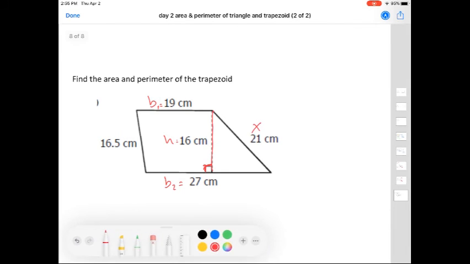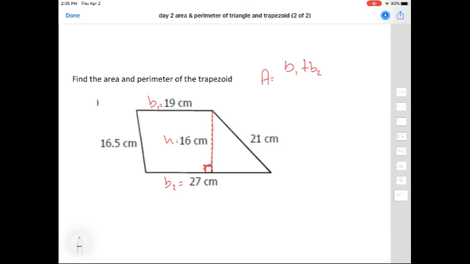Okay, so I have my bases, I have my height. All I've got to do now is plug it in to my formula. Remember, the formula is base 1 plus base 2 divided by 2 times the height. And substitute in everything that we know. We know base 1 is 19, base 2 is 27.